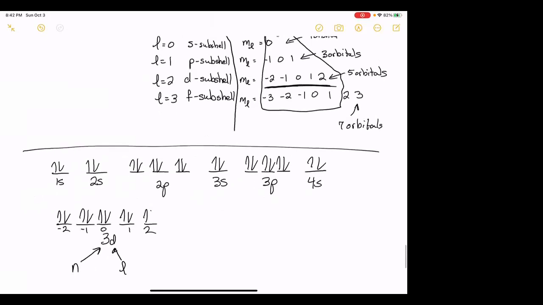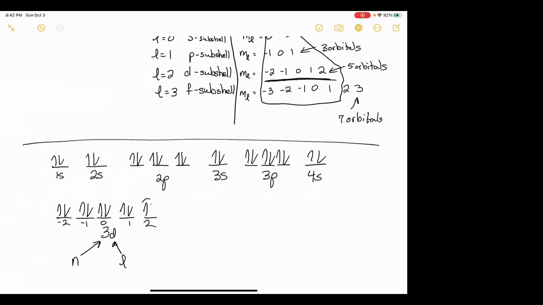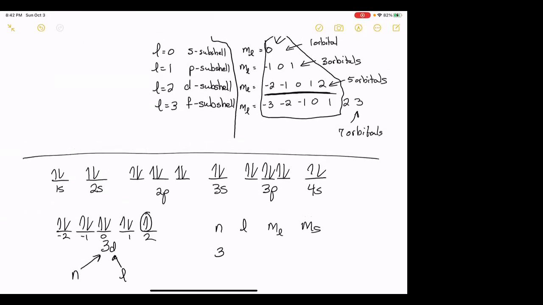So for instance, if I'm looking at this electron, I would name the N, L, M sub L, M sub S. The N is 3. The L, because of it being a D, has to be 2.